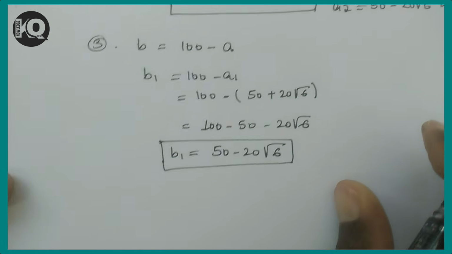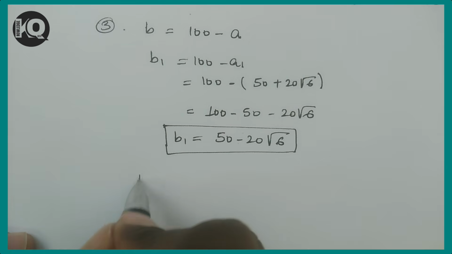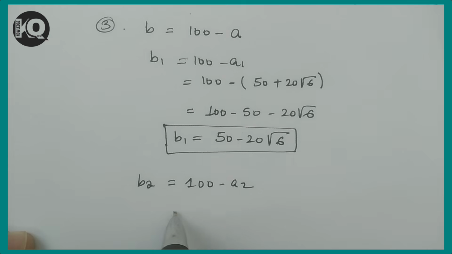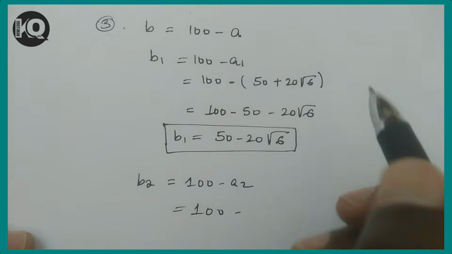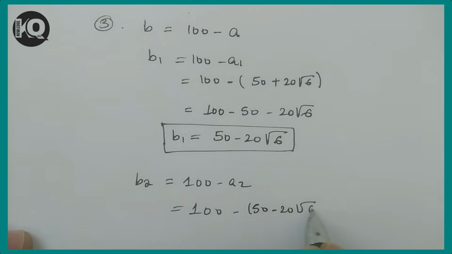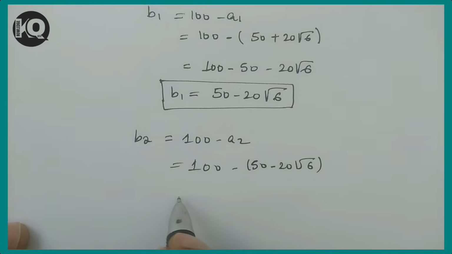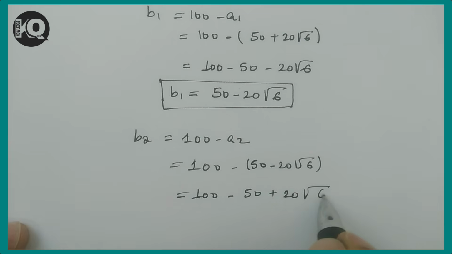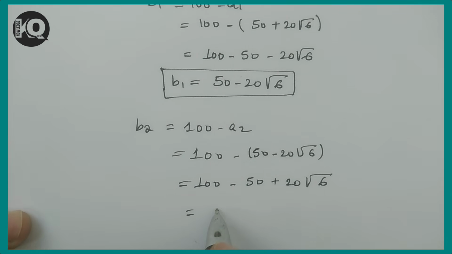And for b2, which is equal to 100 minus a2, where a2 is 50 minus 20 times the square root of 6, it will be 100 minus 50, minus times minus plus 20 times the square root of 6. Finally, 50 plus 20 times the square root of 6 will be the value of b2.